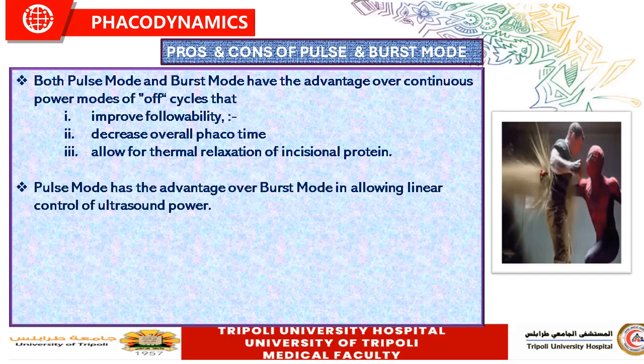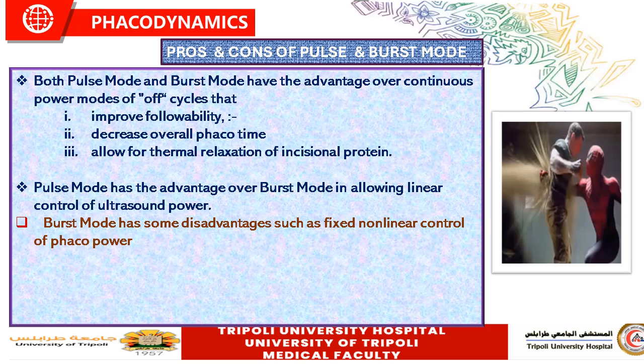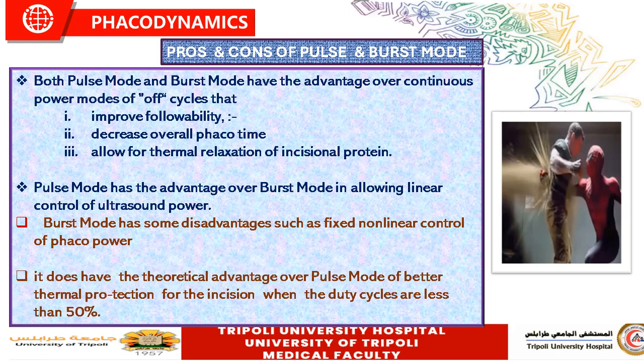Also, the pulse has an advantage over the burst mode in that it has a linear control of the power. As I explained earlier, in the burst mode there is no linear control of the power. Once you fix the power in the machine, you cannot increase the power by your foot switch. This option is available in the pulse ultrasound, where we have a linear control. And the disadvantage of the burst, as I said, is that there is no linear control of the power of the ultrasound.